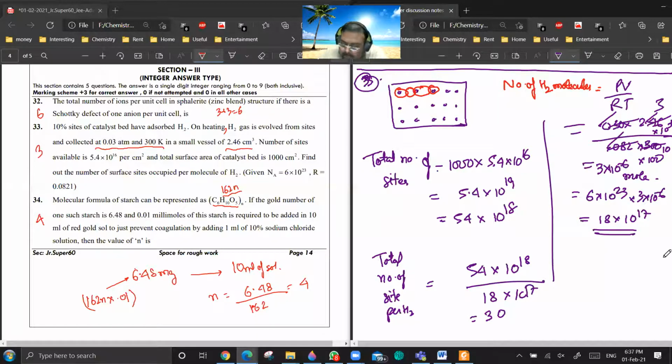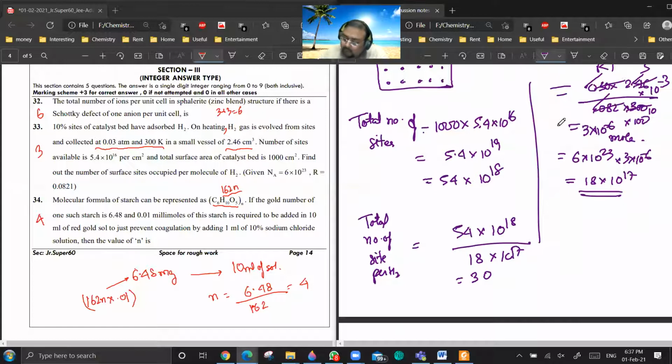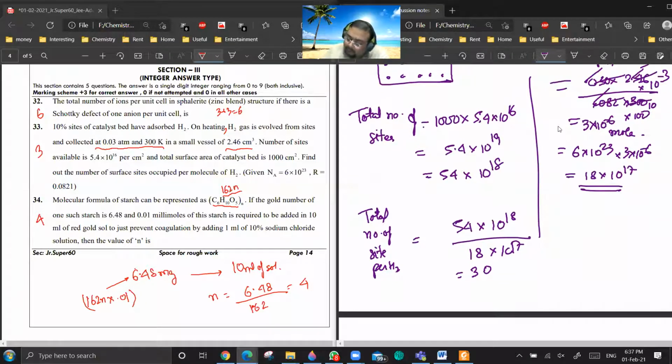Answer is given 3. So where is the calculation mistake which we have made? It's 0.03 into 2.46 into 10 power minus 3. Just one minute. Sir, effective number of sites 10% they have given us. Okay, yeah, that also there.